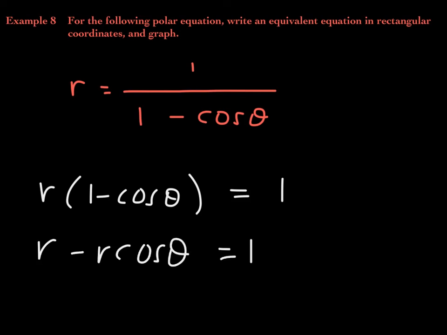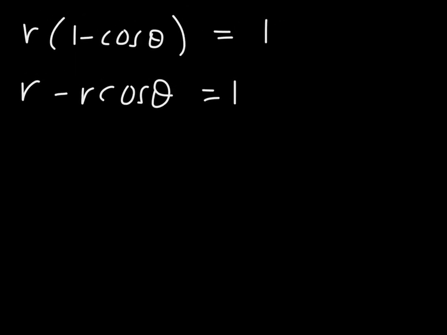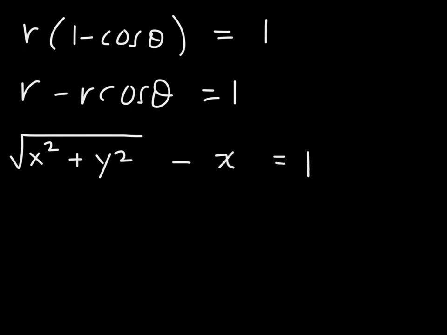Let me move this up a little bit. So what you would do next, maybe, is replace r with the square root of x squared plus y squared. That's what r is equal to. Minus, now do you remember what r cos theta is? That's equal to x. And equal to 1, like this.